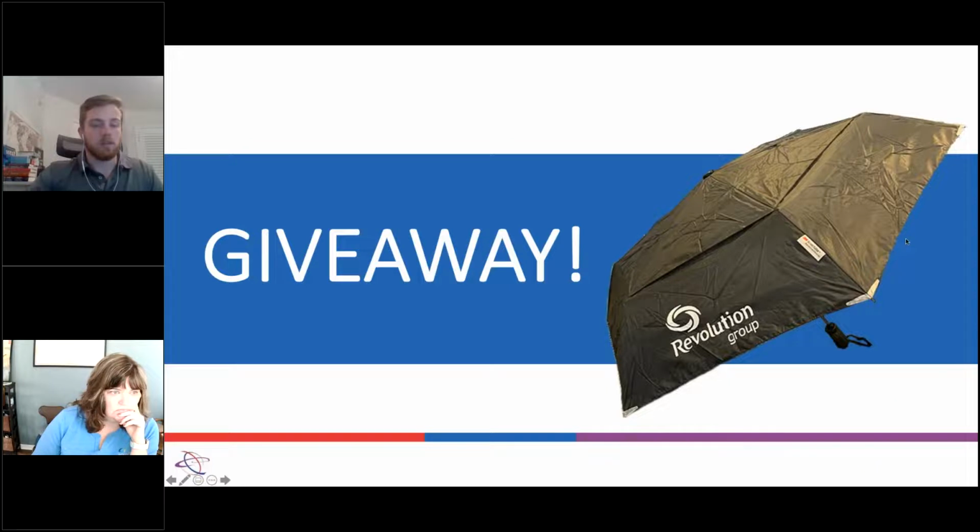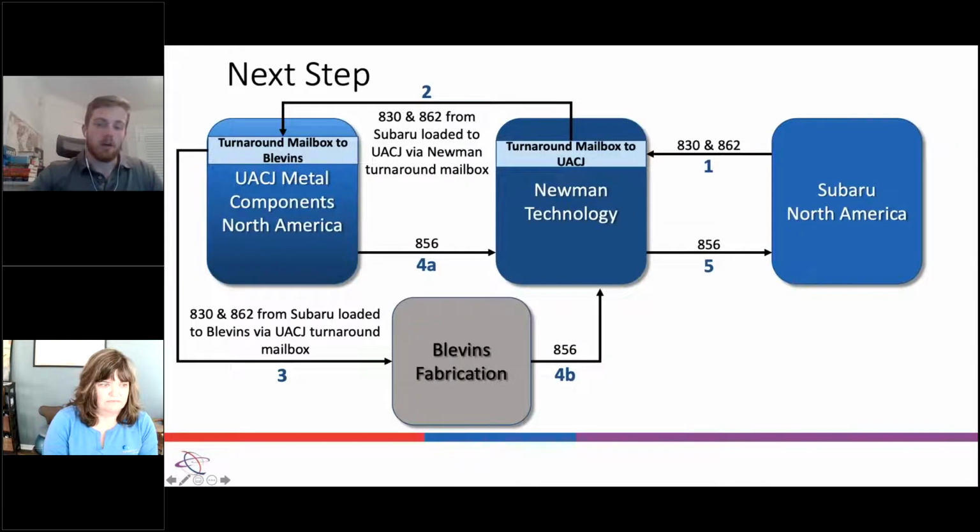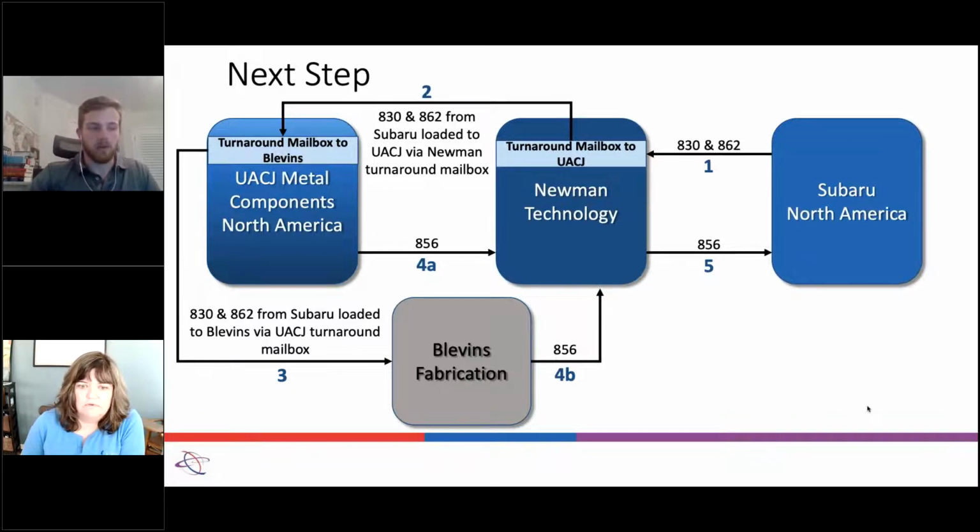Even in this example here that we were talking about, those do include parts that UACJ does not manufacture at all. So we set up the load error exceptions, and they are not seen as an error when loading. So when they find the customer part number, it skips over them and so forth. Now that doesn't mean that the additionally turned around EDI documents to Blevins will not include that data. It's just simply that the receiving PCN doesn't consider it when it's evaluating or validating the part numbers and releases loaded.